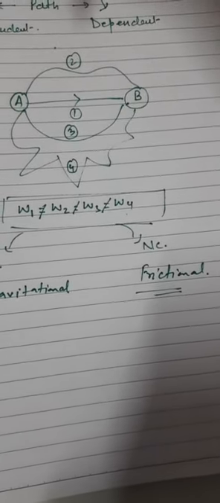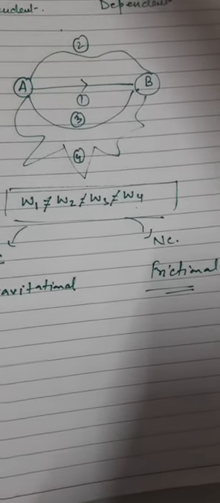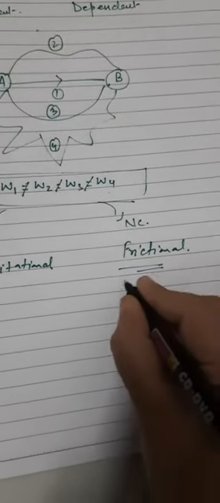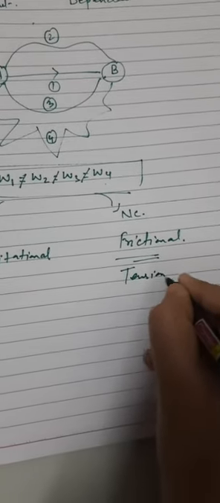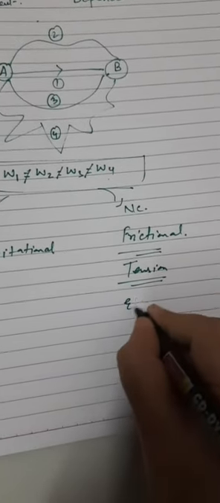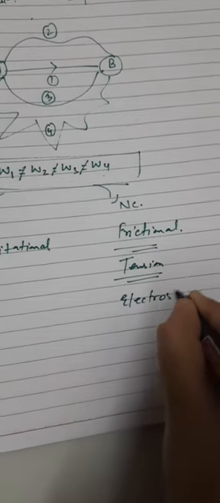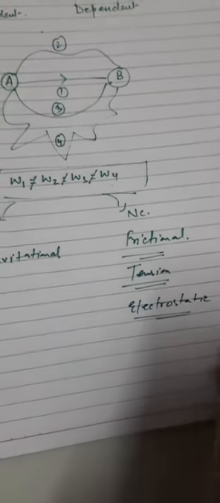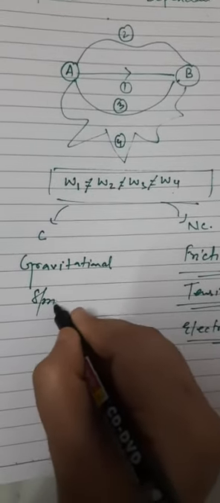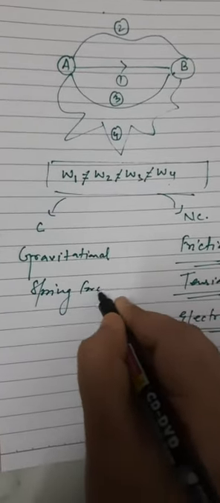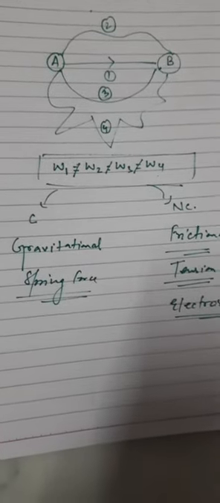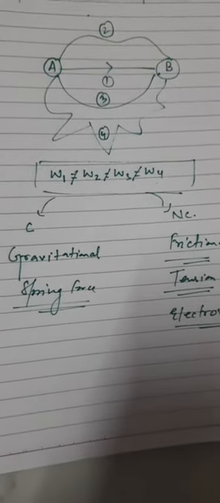Other examples of non-conservative forces you can write down are tension as well and electrostatic force. One more example is the spring force. Spring force is also a conservative force, and gravitational force is also a conservative force.